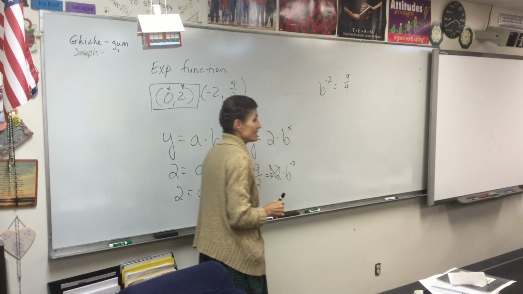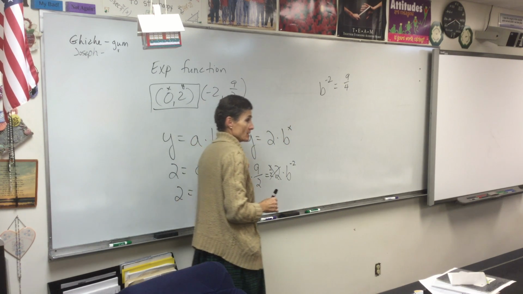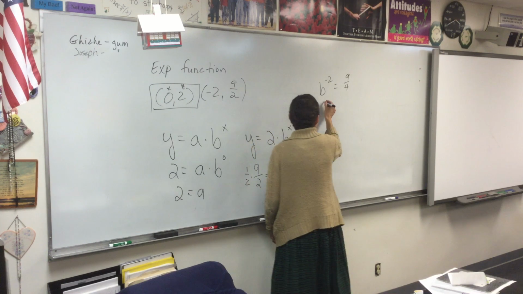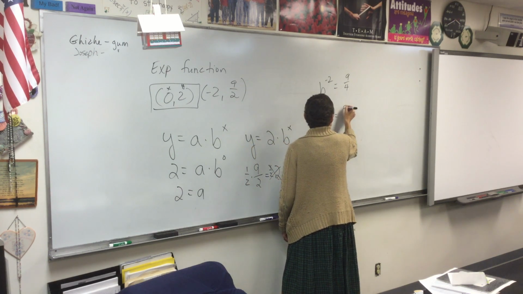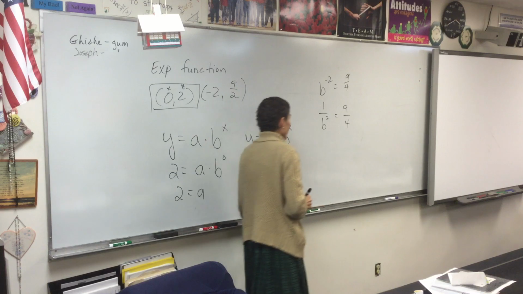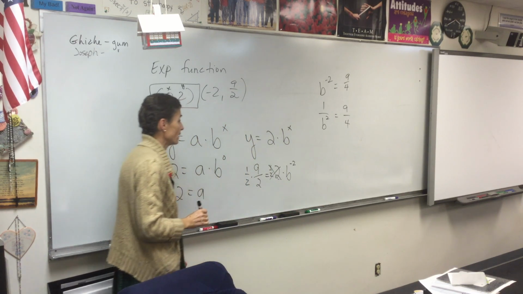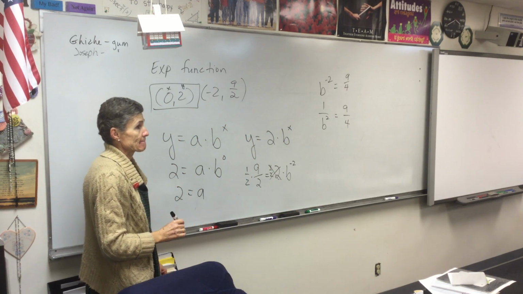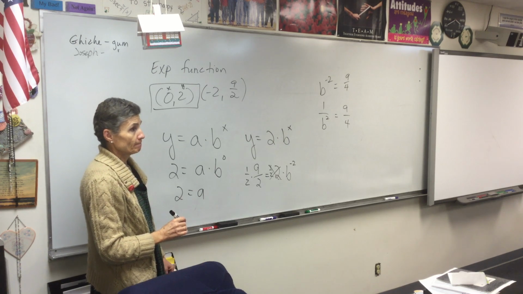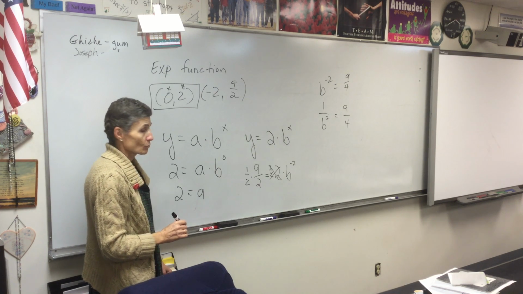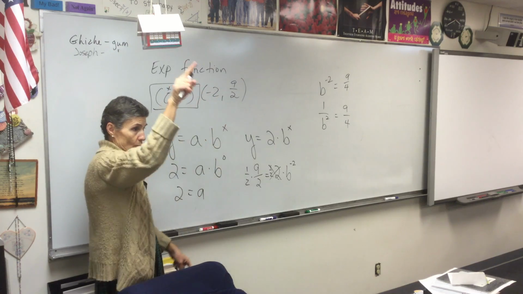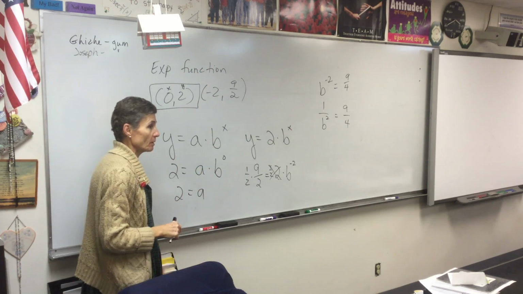Uh-oh, I have b to the negative 2nd. Watch it. That's 1 over b squared. So 1 over b squared equals 9/4. What do I do with that? Cross multiply.